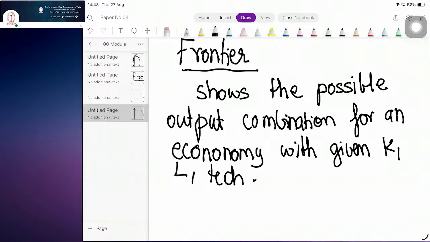It shows the possible output combinations for an economy with a given capital, labor, and technology.